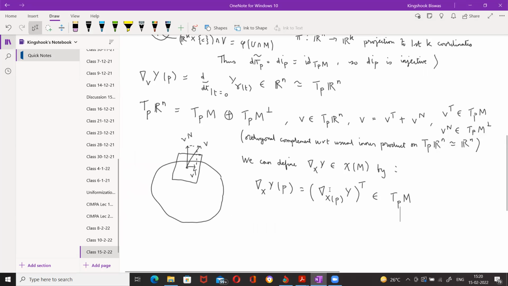And what we'll show is that these properties, the Leibniz rule for the inner product and the symmetry of the covariant derivative in Rn, are inherited by the covariant derivative of the submanifold M. So the covariant derivative in M, defined as the tangential part of the covariant derivative in Rn, inherits the properties of the Leibniz rule for the inner product and symmetry of the covariant derivative. Okay, so we'll show that when we come back.